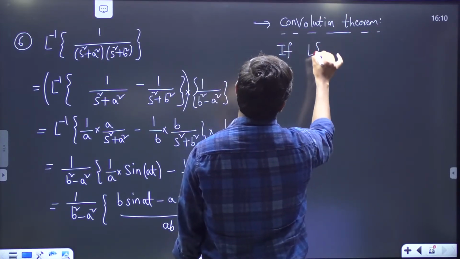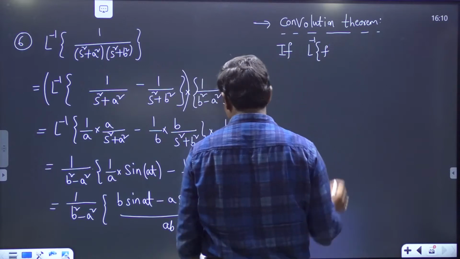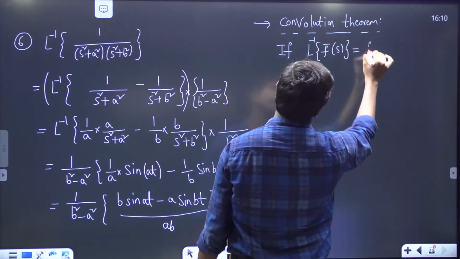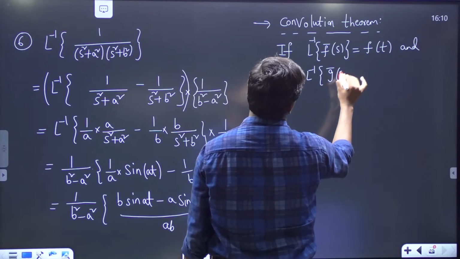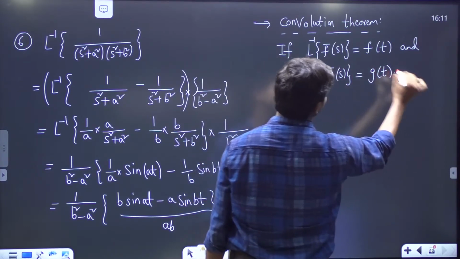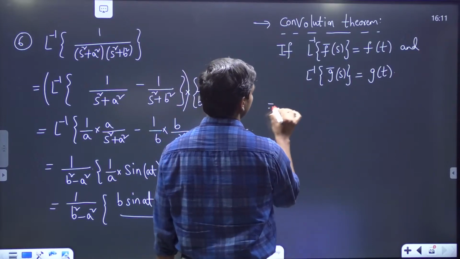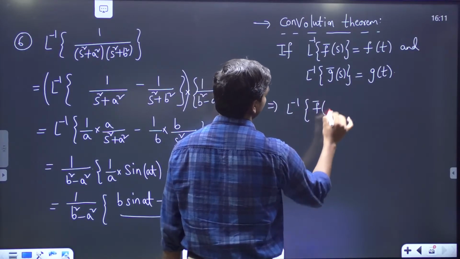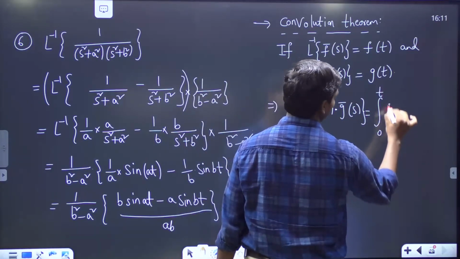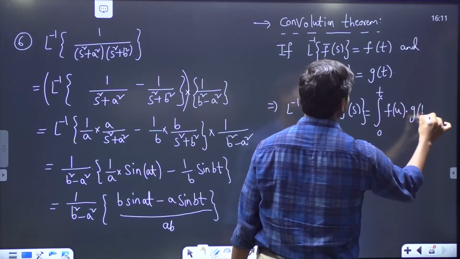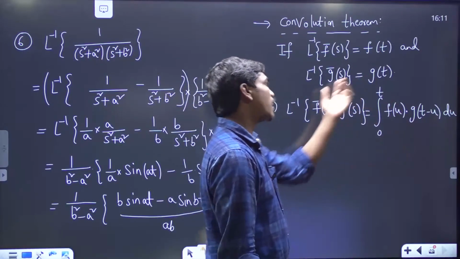If the Laplace inverse of f bar of s is equal to f of t, and the Laplace inverse of g bar of s is equal to g of t, if we have two functions in this way such that both these Laplace transforms are f bar of s and g bar of s, then the Laplace inverse of f bar of s into g bar of s can be written as integral 0 to t f of u into g of t minus u du. This is what we can write, and we can calculate this integral basically to evaluate the Laplace inverse of two functions.